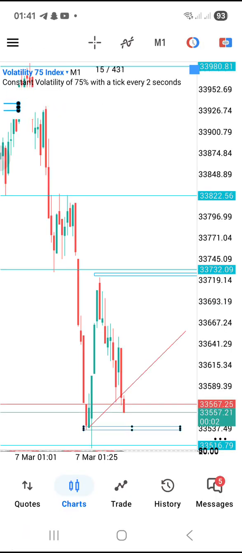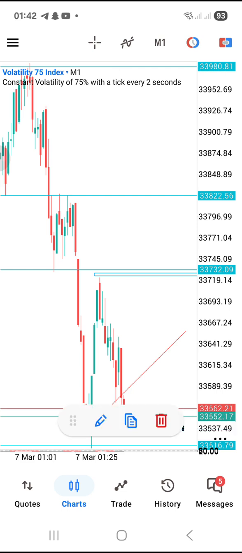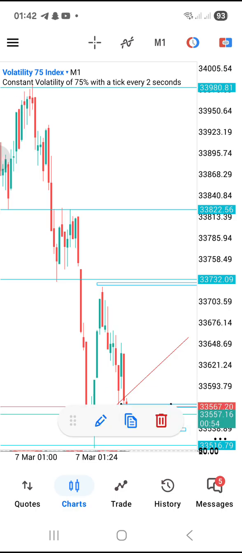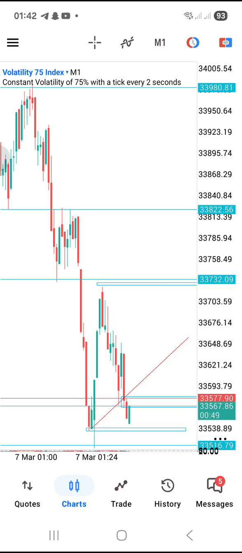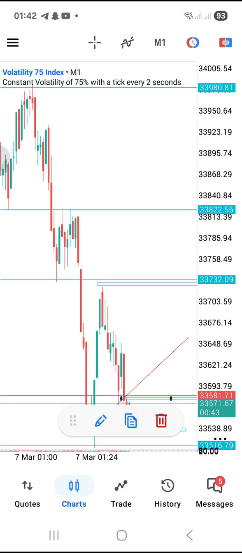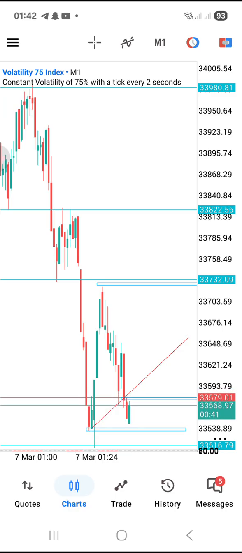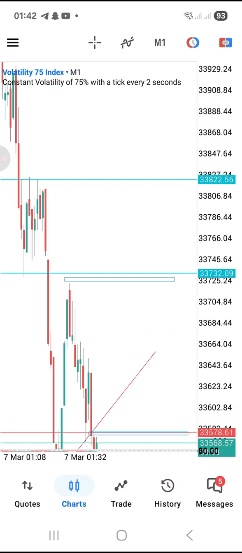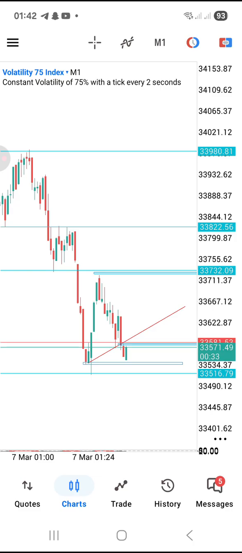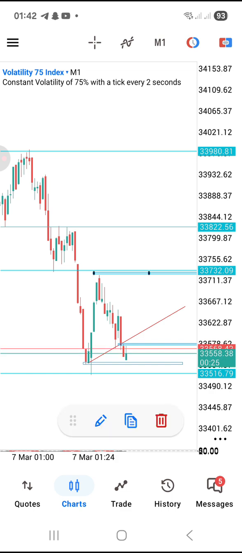Remember, we have a low here, and we had another one from around here earlier. Want to see it broken, and then we can take a sell. So these are points of interest right here.